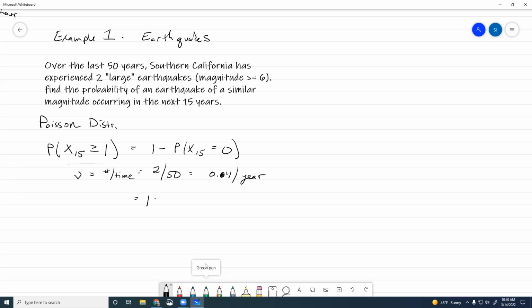Then we can plug this into the PDF for the Poisson distribution, which is going to be 1 minus, and the PDF is (nu t) to the x, all over x factorial, times e to the negative nu t.